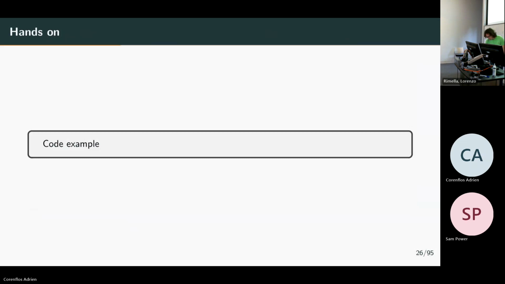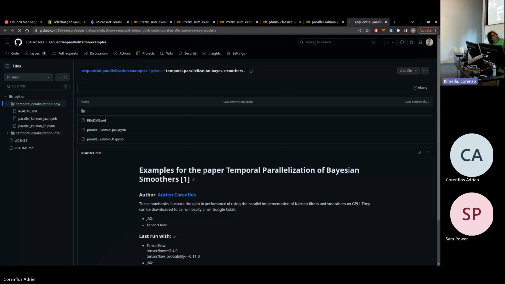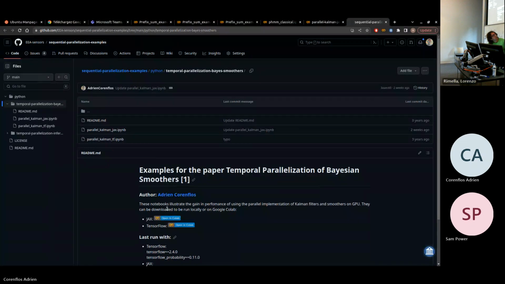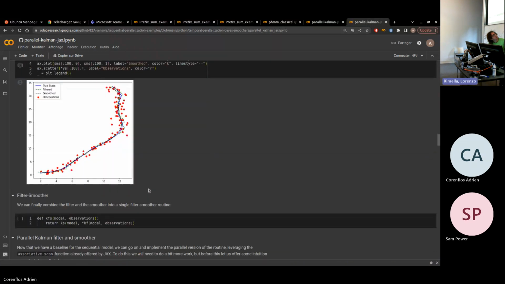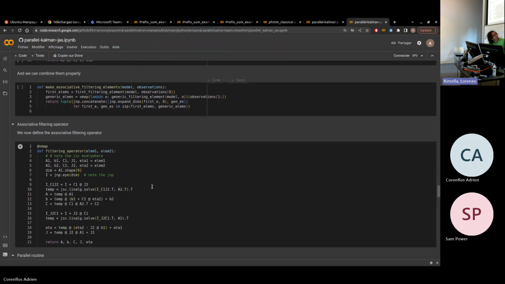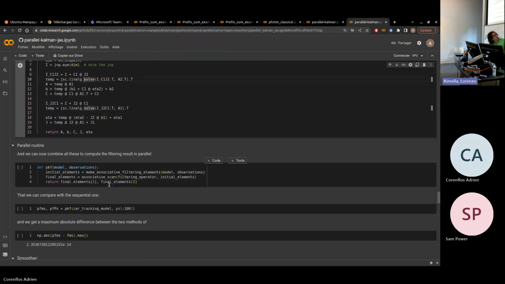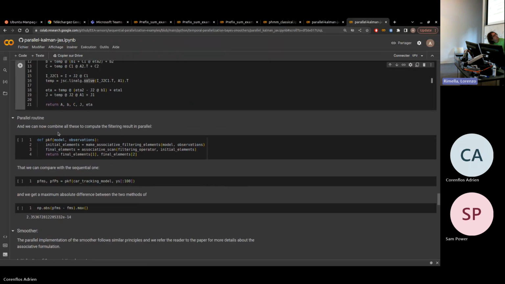It's actually exactly the same example, we just put both together. We saw the filtering case here, with the weird solving and doing stuff to be efficient, and then the actual filtering was making the elements, and then applying the associative scan or prefix sum to the filtering operator and the elements you have defined.